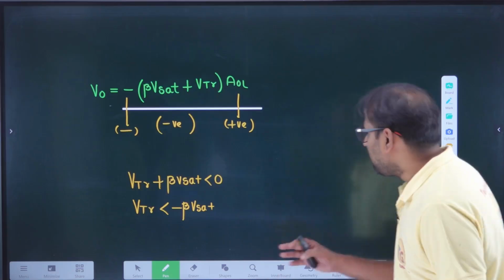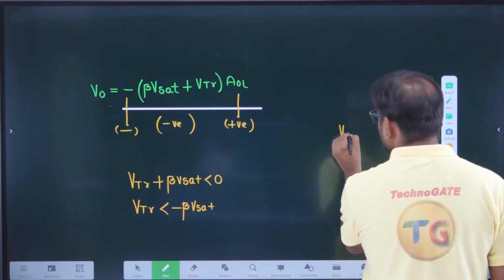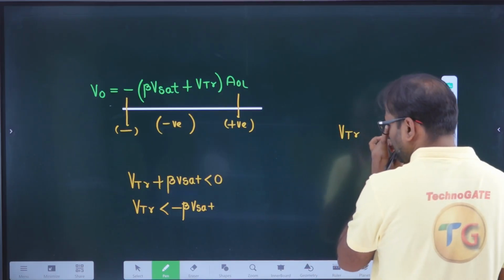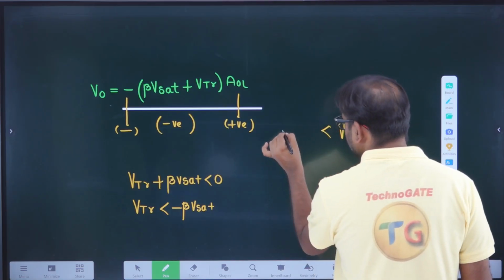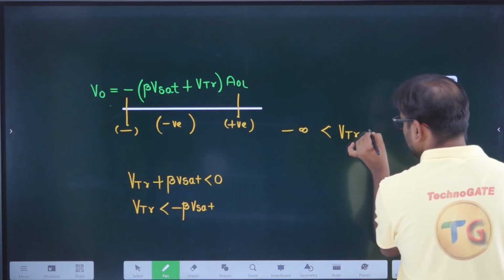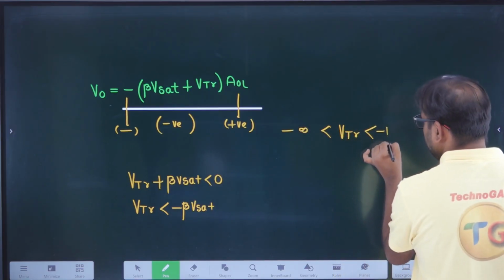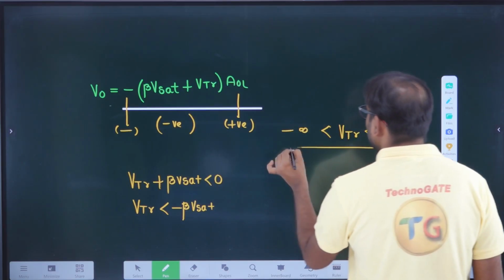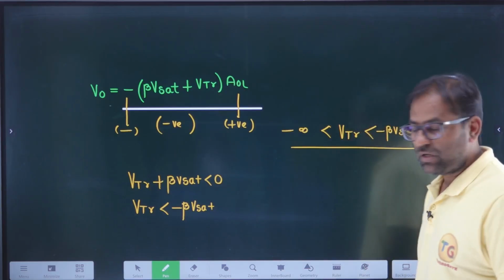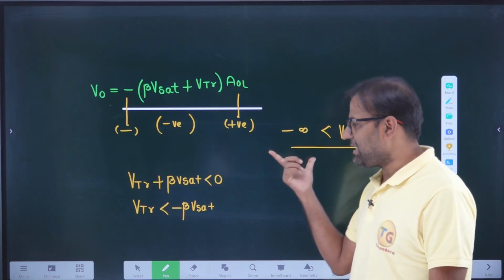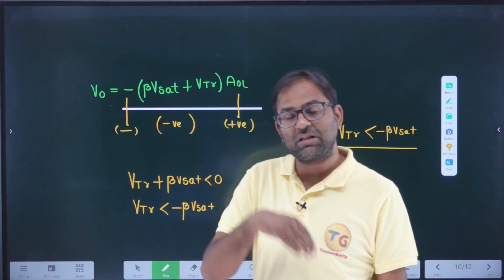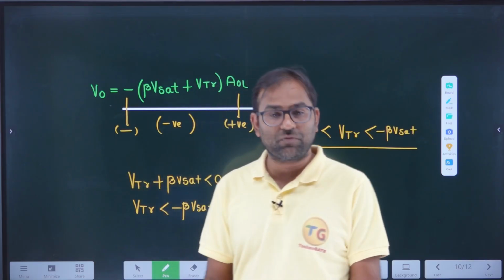Can I say this VTR range is anything which is less than, so this starts from minus infinite to minus beta into V saturation. In this interval, your output will be what? Your output will be plus V saturation. If your input varies in this range, say any number which is less than, let's say, minus 5, so minus infinite to minus 5 is the whole range of numbers.